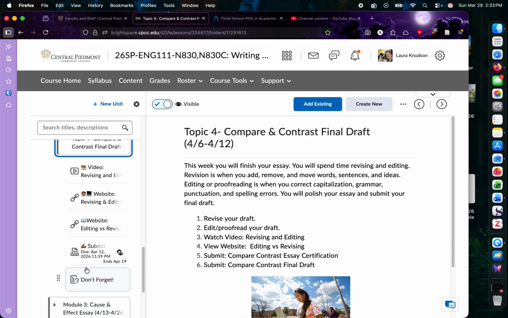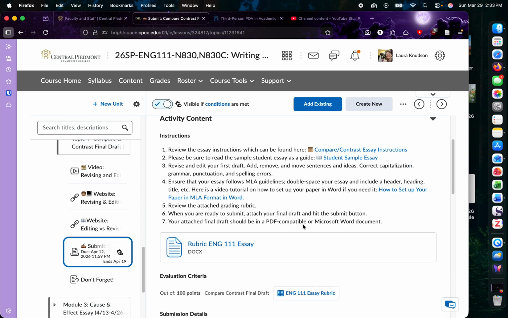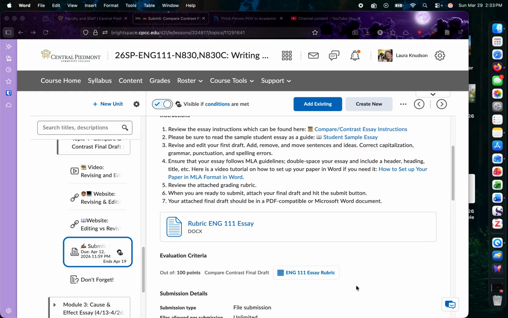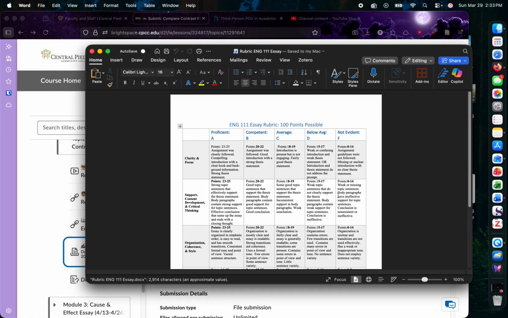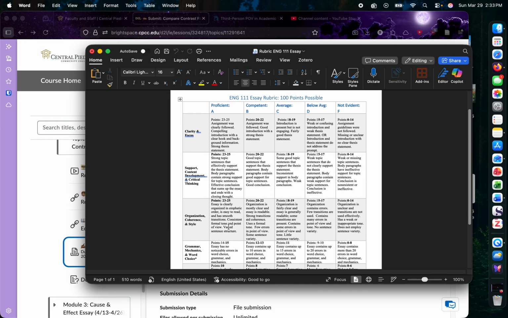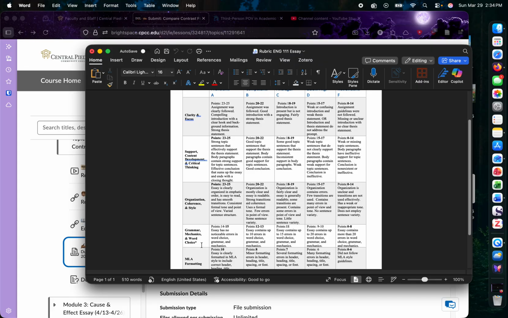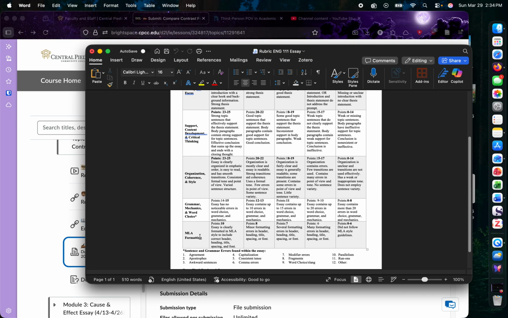I'll talk about that right now. Your rubric is going to be the same throughout each one of the essays that you write. Each one of the levels of points for each of these areas is going to be roughly the same until you get down here to grammar, mechanics, word choice, and formatting.